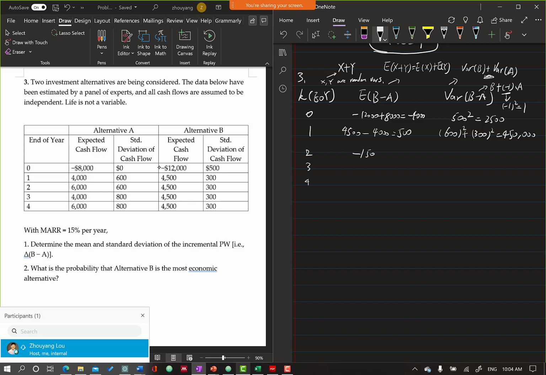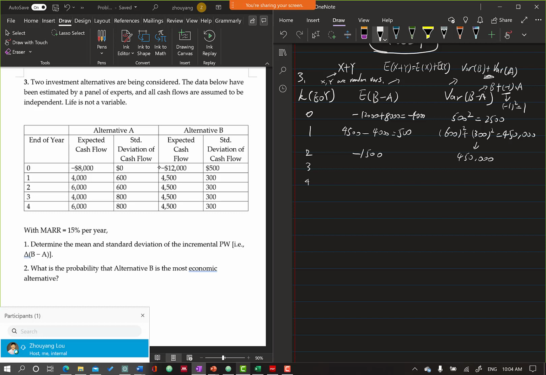So the expectation of the increment B minus A is minus 1,500, and the variance would be just 600 squared plus 300 squared, exactly the same thing. So that's 450,000.